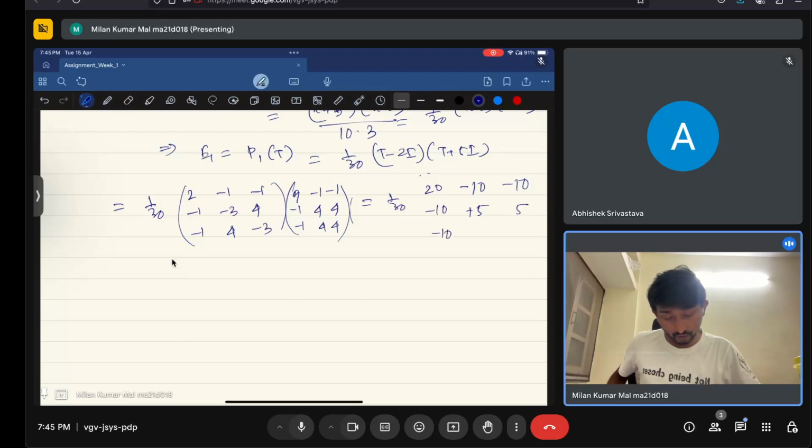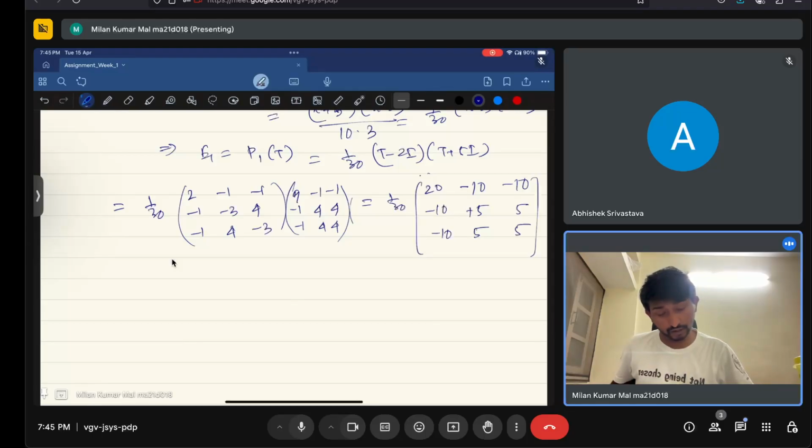The second one is 1 minus 16 minus 15 minus 12. It's 1 plus 16, 17, 17 plus 12 minus 12, that is 15. Sorry, that is 5. Next one is 1 plus 16 minus 12, that is 5 again.